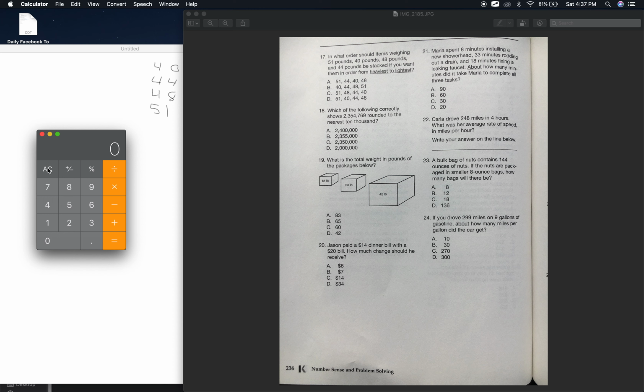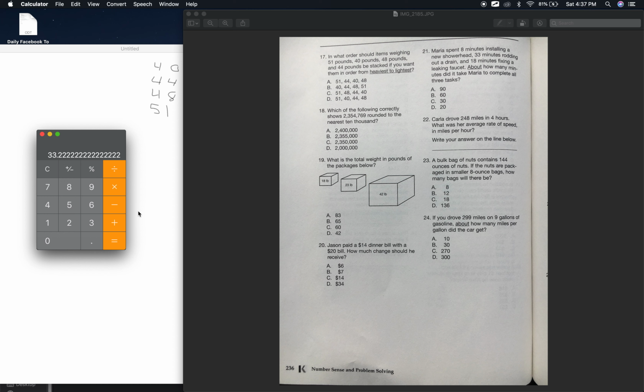So let us see. Let's clear this. So we have 299 miles that were driven, and we had 9 gallons of gas. So we need to divide 299 by 9. That equals 33.2. I think, yeah. So if you drove 299 miles on 9 gallons of gasoline, about how many miles per gallon did the car get?